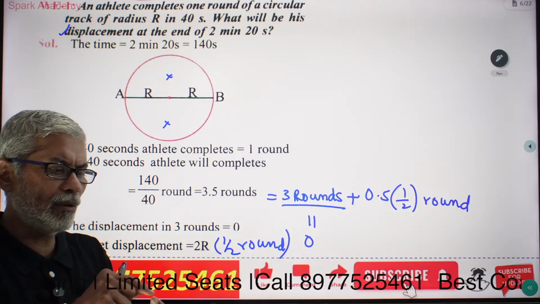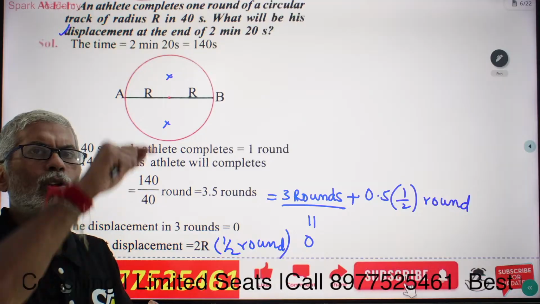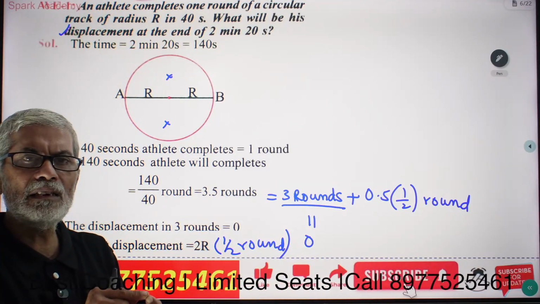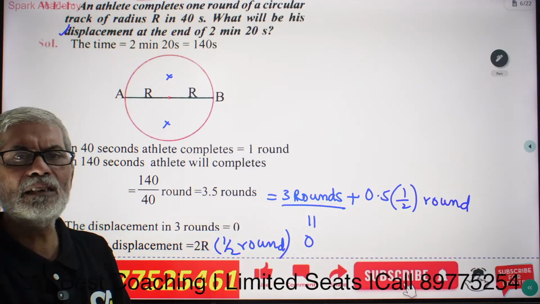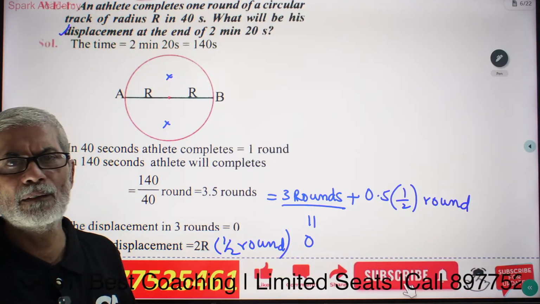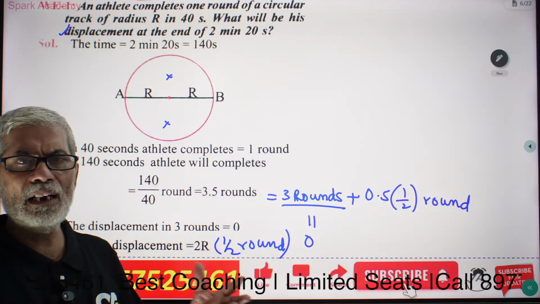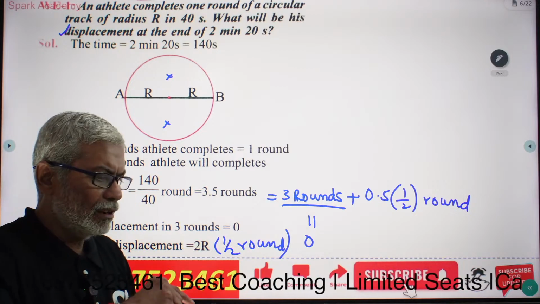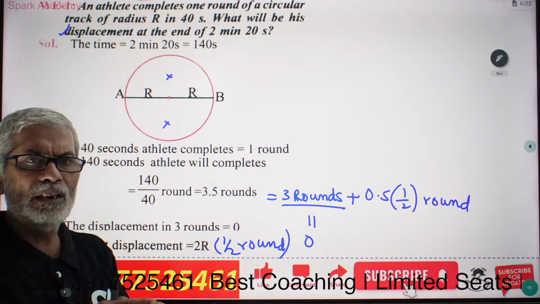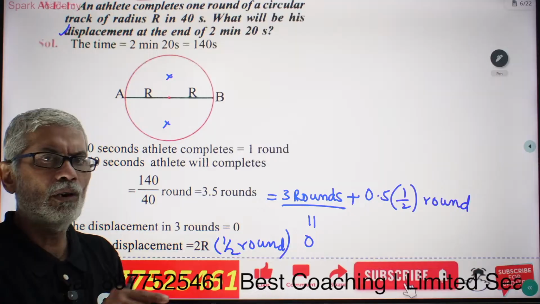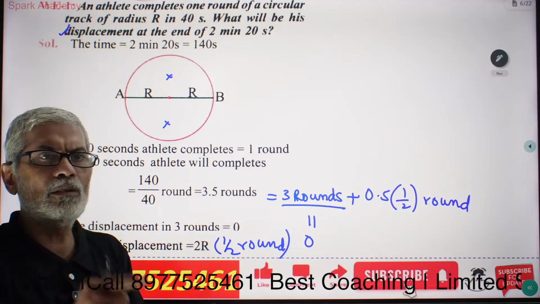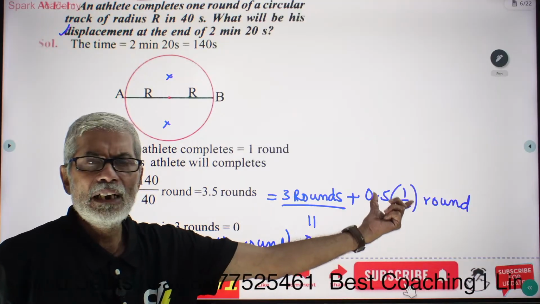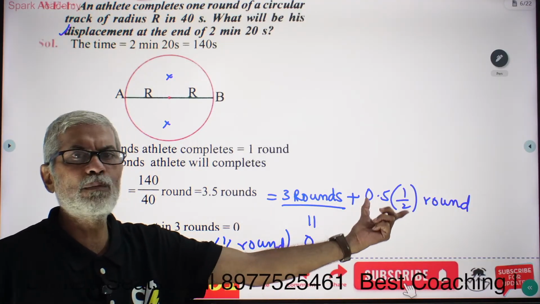Suppose it starts from point A, goes up, then again comes to point A, then displacement is 0, not distance, displacement, provided you neglect the air friction and all those things. So 3 rounds means each round it comes back to the initial point, so displacement is 0. Second round also 0, third round also 0. So what is the additional half round? That will give you the net displacement.